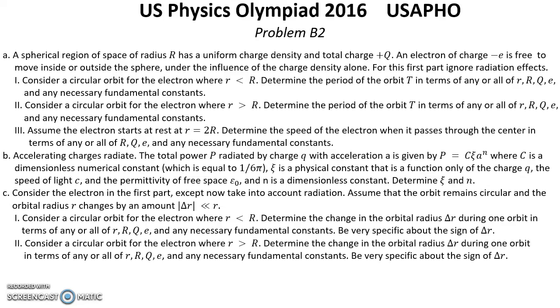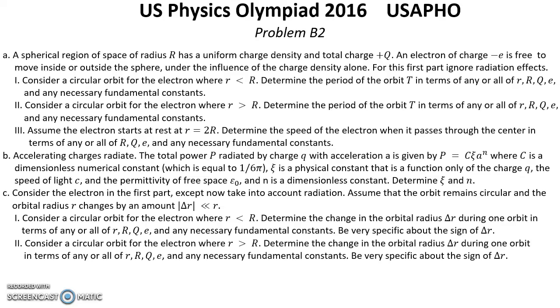Part B. Accelerating charges radiate. The total power P radiated by charge Q with acceleration A is given by the formula P equals C times A to the power n, where C is a dimensionless numerical constant which is equal to 1 over 6 pi.